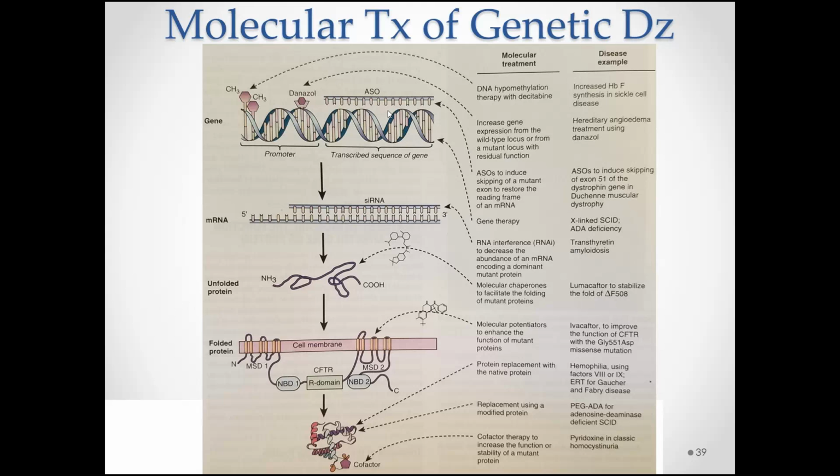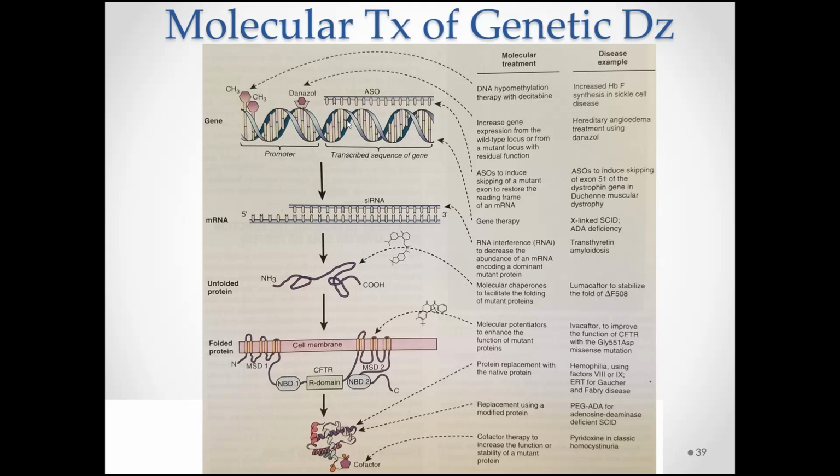These antisense oligonucleotides have been used, for instance, in muscular dystrophy. We're going to come back to muscular dystrophy when we talk about genetic engineering. We won't be talking so much about these antisense oligonucleotides. We'll be talking about CRISPR-based therapies to get in there and directly edit.